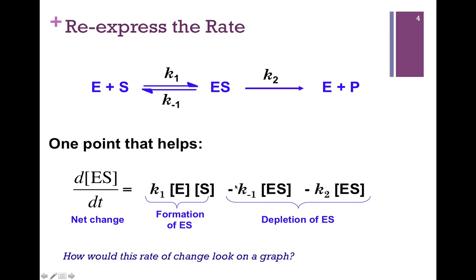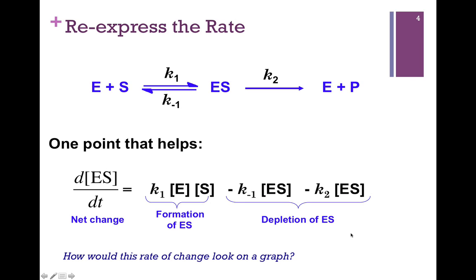So here we have first the expression that involves the dissociation of substrate from the enzyme substrate complex. That's K minus 1 times the concentration of ES. And then here's the rate at which we form product, K2 times the concentration of ES. So here's our expression.